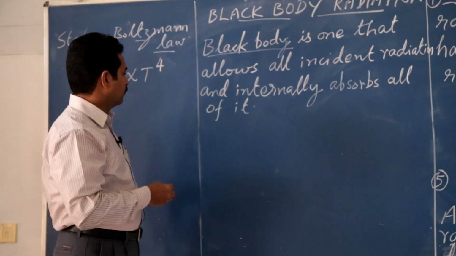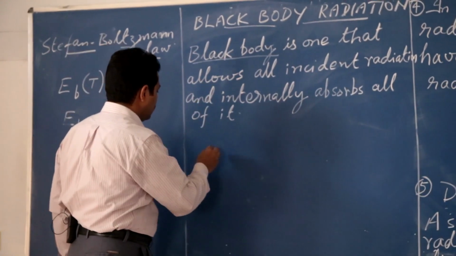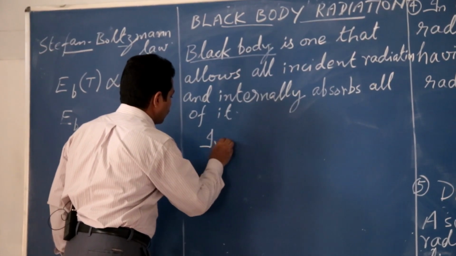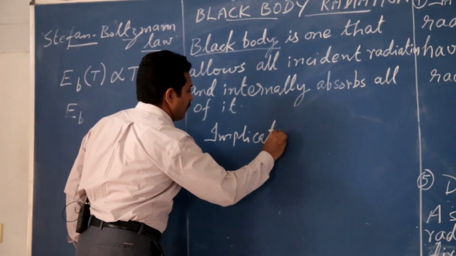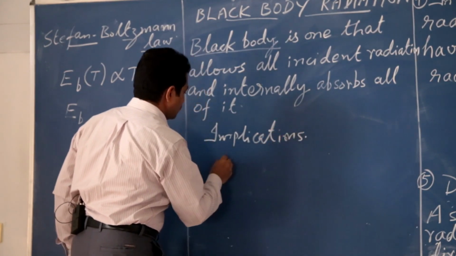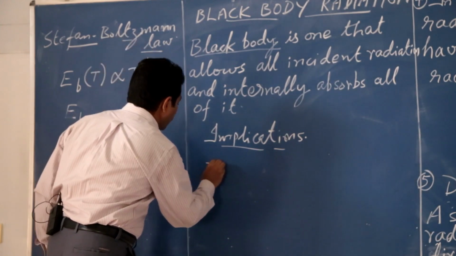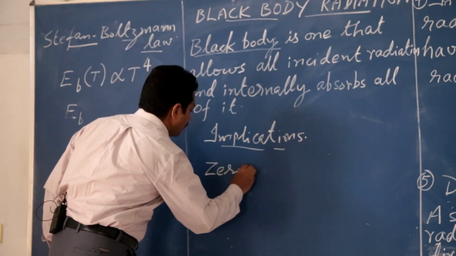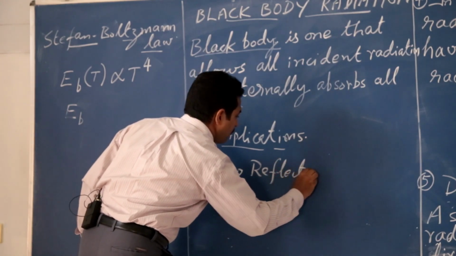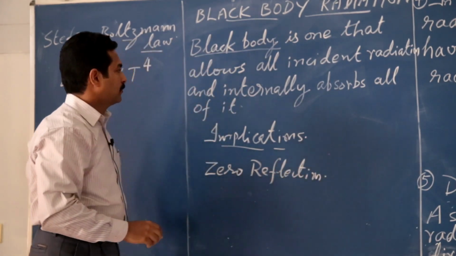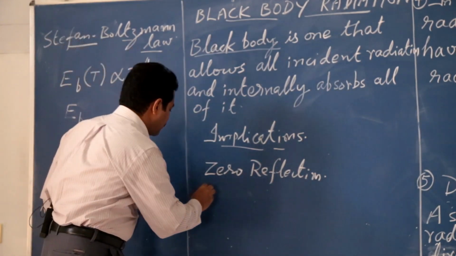Then what does it mean? The implication of this statement: there is no reflection, that is, zero reflection. Then what about transmission? Because it internally absorbs all of it, that means zero transmittance.